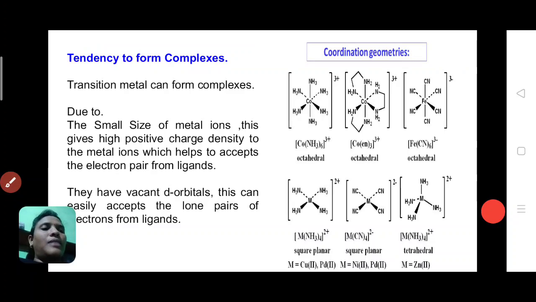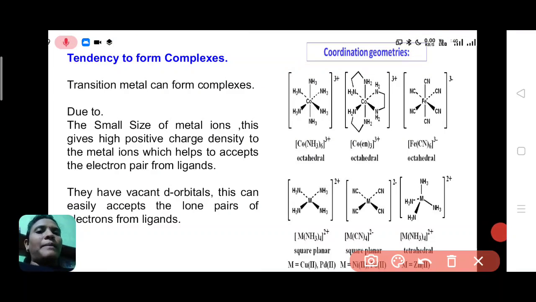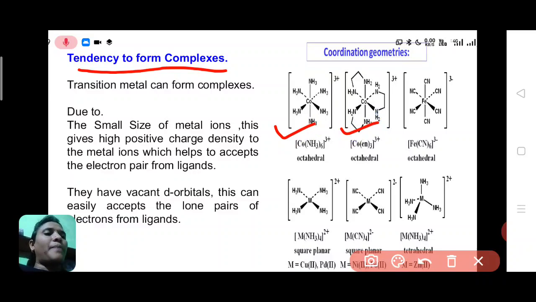Now last, the last property of d block elements is the tendency to form complexes. All the transition elements have a tendency to form complexes. You know what a complex is? Complexes are like this. These are all complexes.